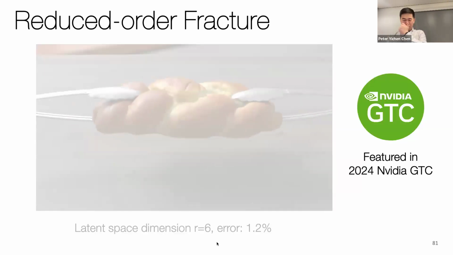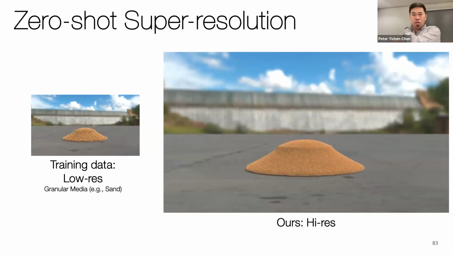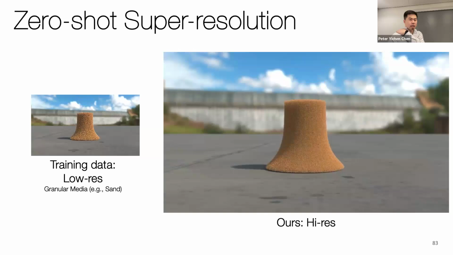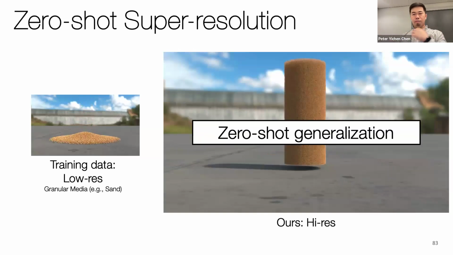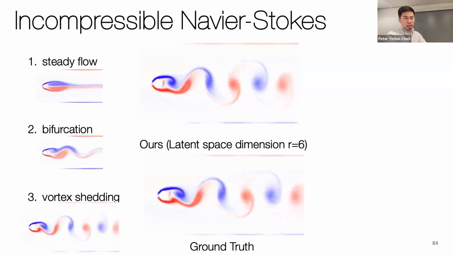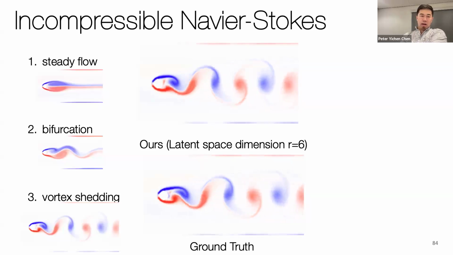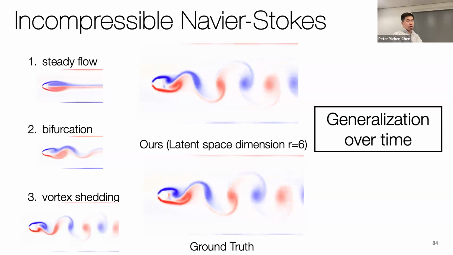It's featuring at NVIDIA GTC this year. Speed up, we talk about it. Also, zero-shot super resolution, training on low-resolution data, evaluating on high resolution. This is impossible with previous approaches. It also works with fluids. So in this case, we're able to capture, from static flows bifurcation to vortex shedding.